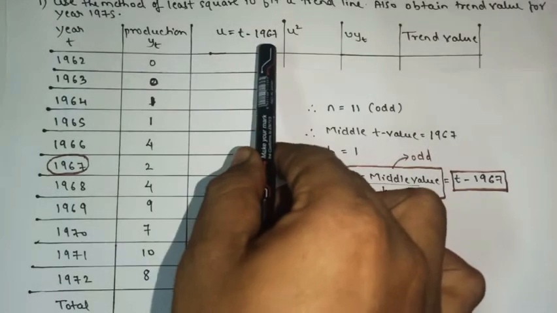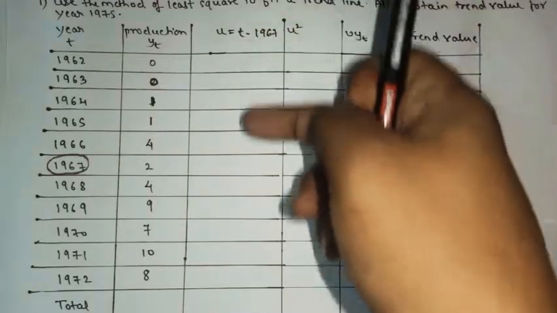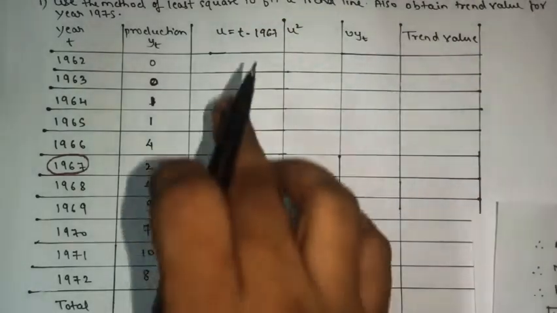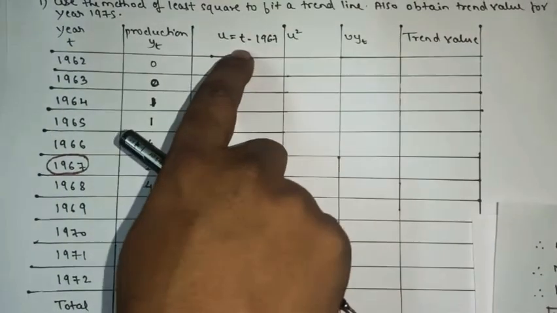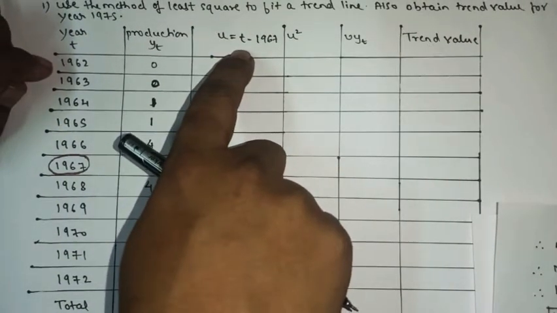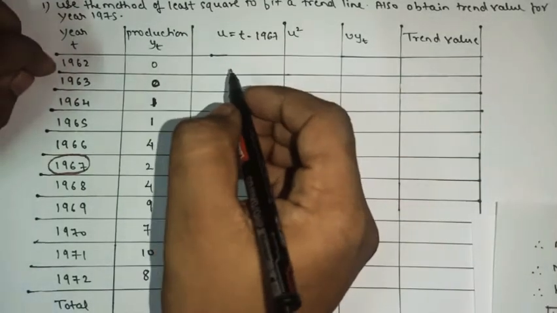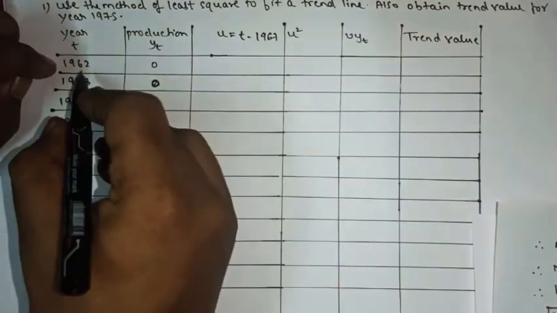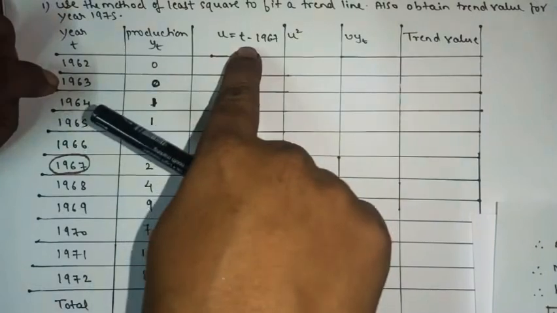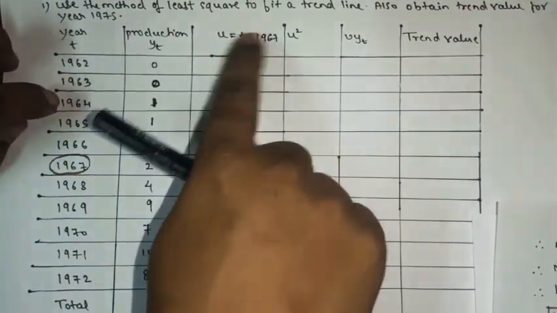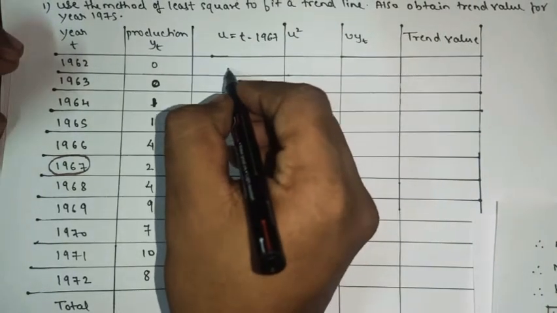Okay, so using the formula here we got t minus 1967. Now we'll see how to find the value of u for each and every year. It is very simple. Check the first value of t, it is 1962. So 1962 minus 1967, simply substitute the value of t here. Next will be 1963, next 1964, and subtract. So for the first one, 1962 minus 1967, you will get minus 5.